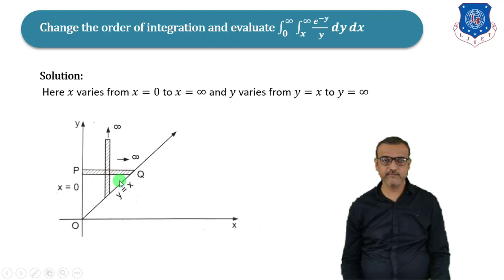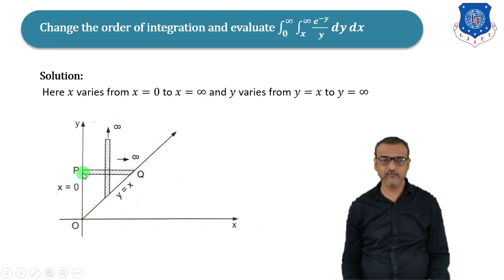Here the region of integration is this one. To cover this region with the help of limits of y, we will take y from 0 to infinity, and then we will take this horizontal strip, and for that we will take x from the y-axis, so x will vary from 0 to this line, and this line is y equals x.